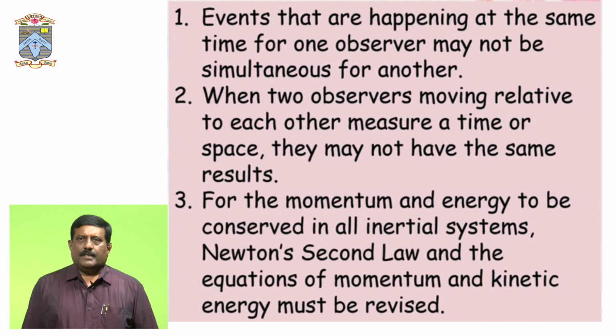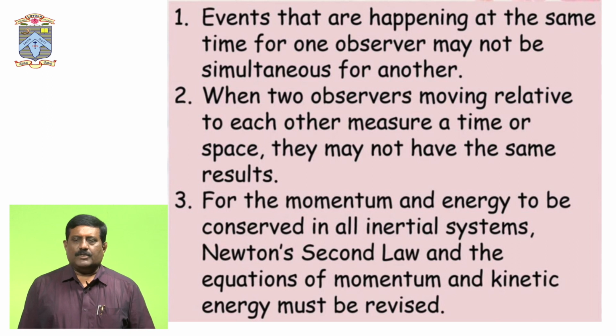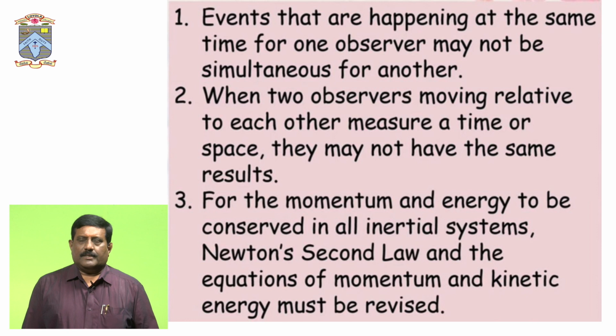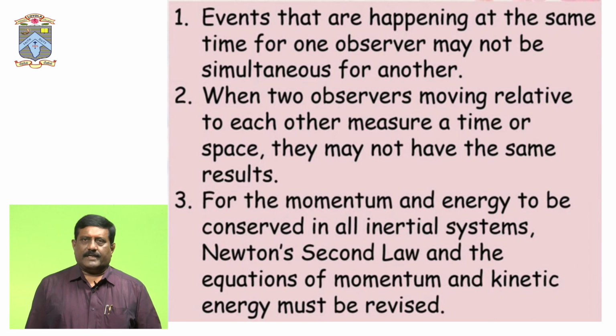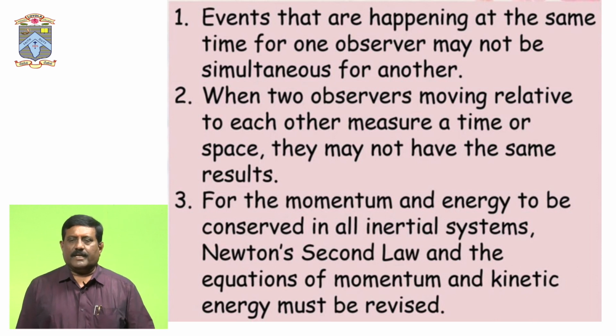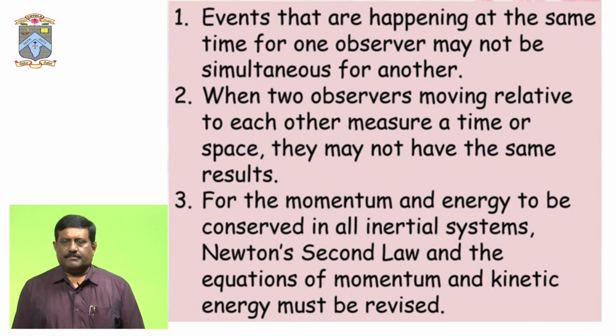For example, if there is a clock in a spaceship and another clock on the earth at rest, the clock in motion at higher speeds runs slower than the clock at rest, which means there is time dilation. Even time is not a constant according to Einstein.